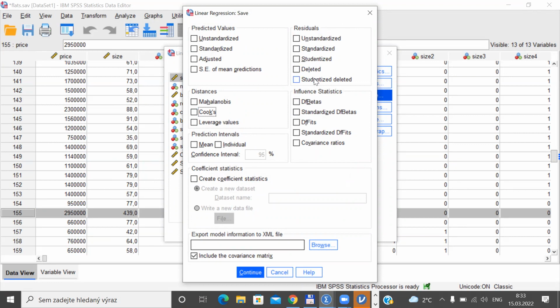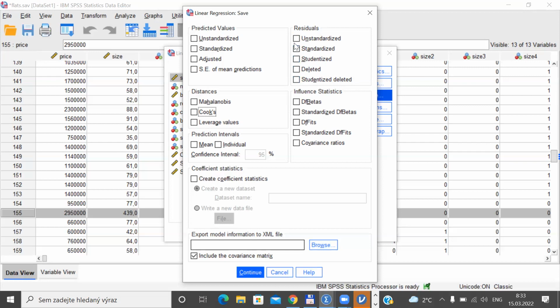In Jamovi, if you remember, there was only the option for unstandardized residuals. For us, that is enough for Glejser's test, but here we also have standardized, studentized and studentized deleted residuals. We discussed these residuals and their meaning theoretically last time, so we will not recap them.